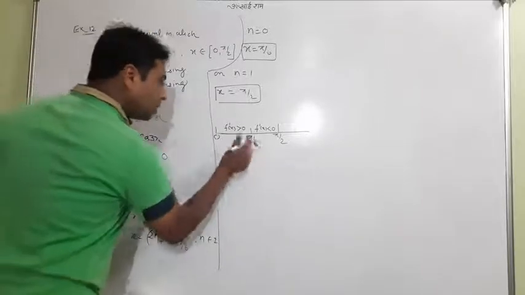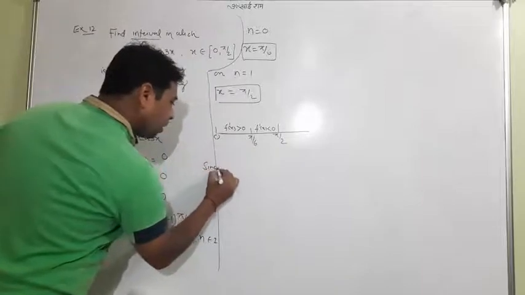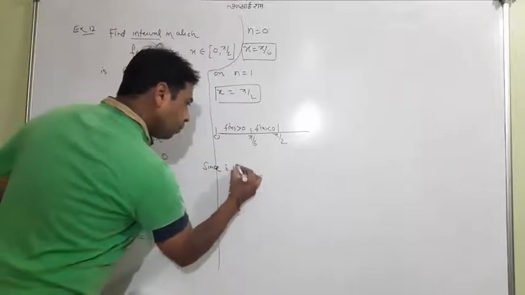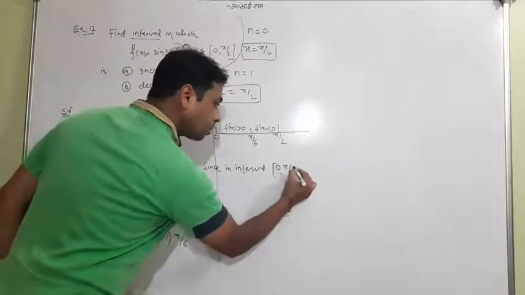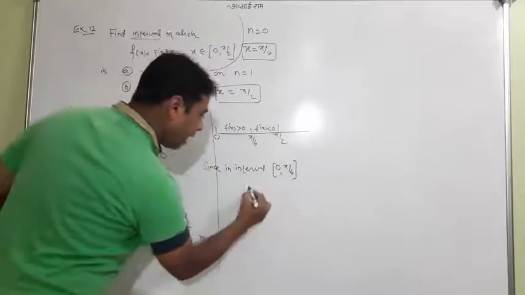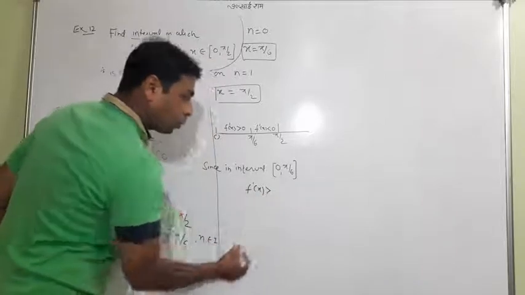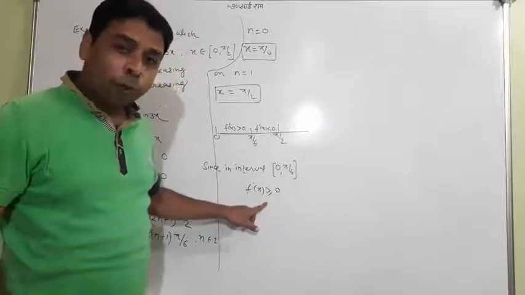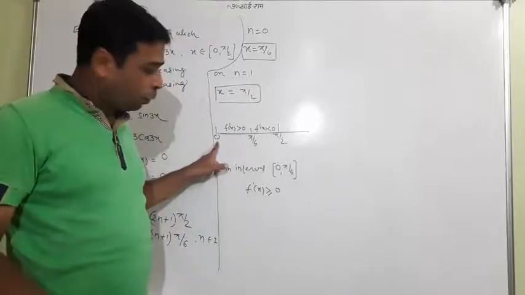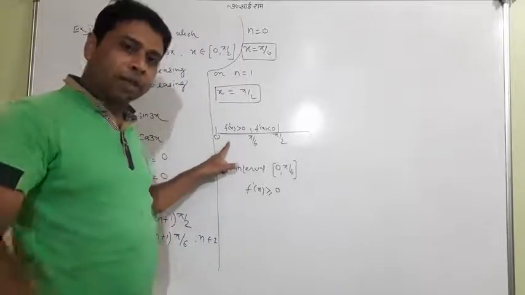So since in the interval 0 to pi by 6, with the close bracket I have taken, f dash x is either positive or equal to 0. At 0 it is positive. Between these two, everywhere f dash x is positive.